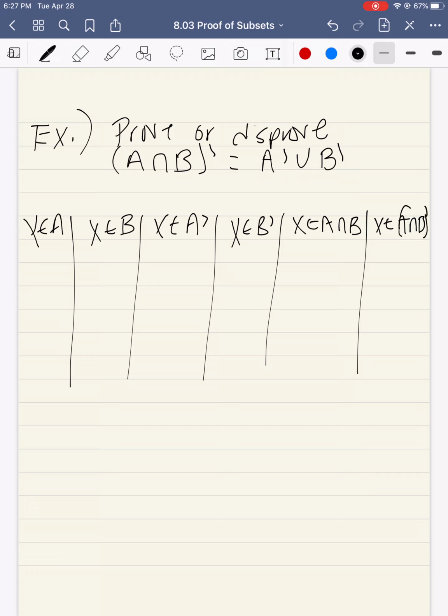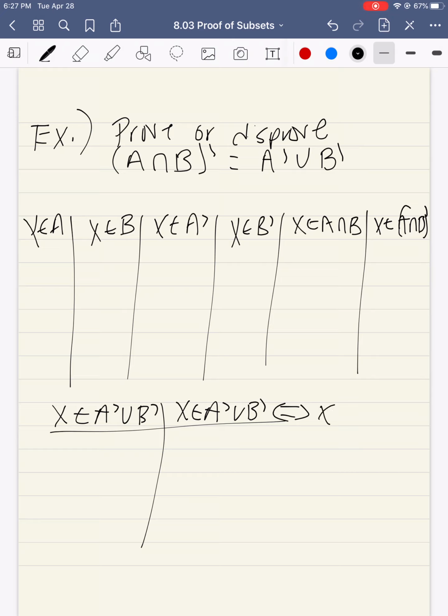I'm going to have to continue this down below, so we have two more columns. x is in A complement union B complement, and then x is in A complement union B complement if and only if x is in A and B complement. Okay.